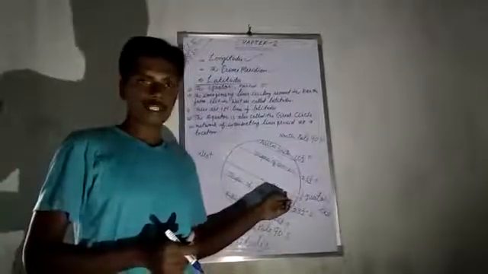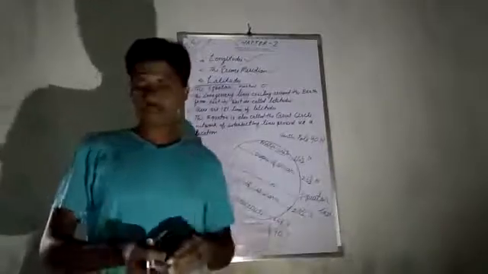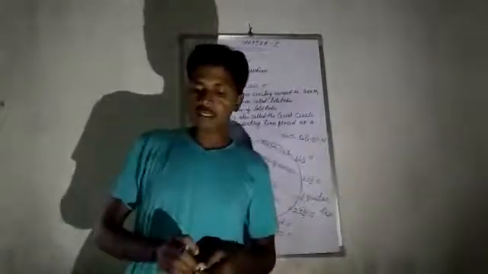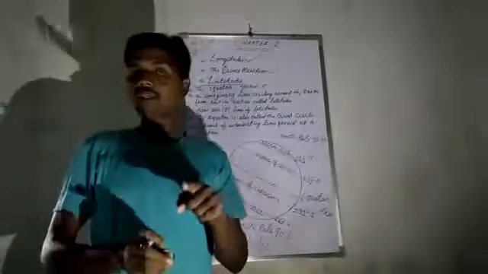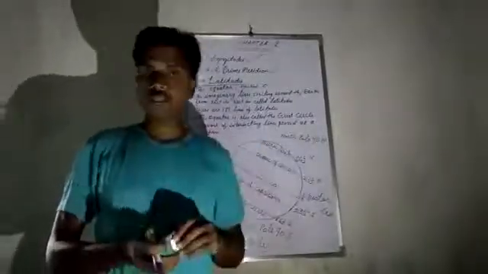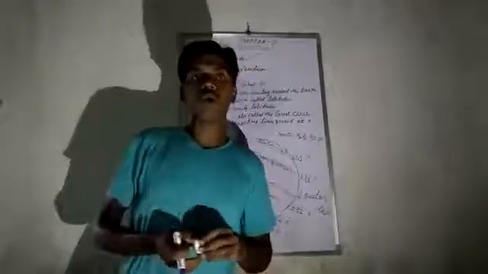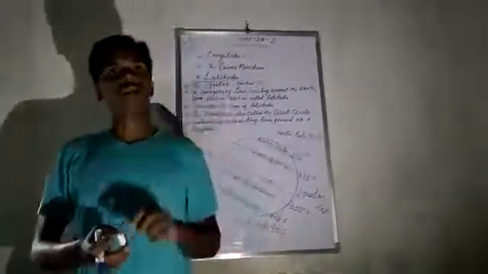I have marked and shown it here in the figure. It is the longest line of latitude. The equator is the longest line of latitude. It is also called the Great Circle.